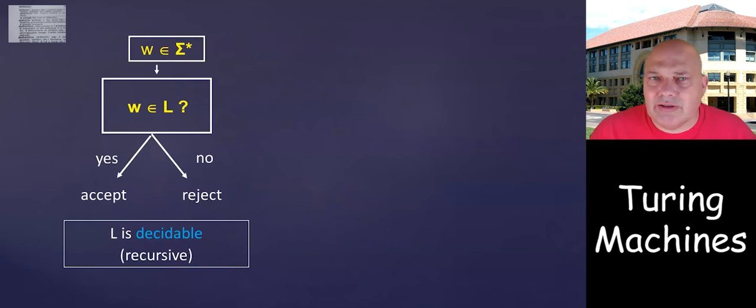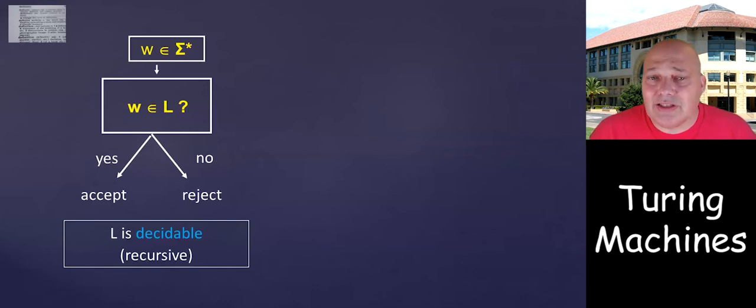So this is pictorially the difference between deciding and recognizing. Deciding means that for every input, you're going to, in some sense, ask if W is in the language or not. If it is in the language, you're going to accept it. If it's no, you're going to reject it.